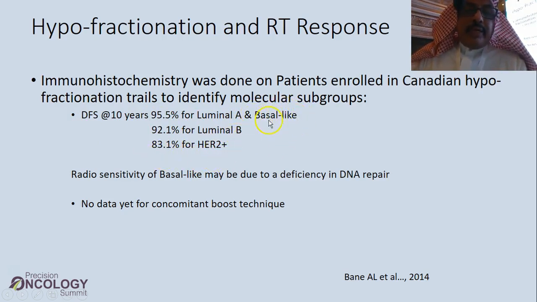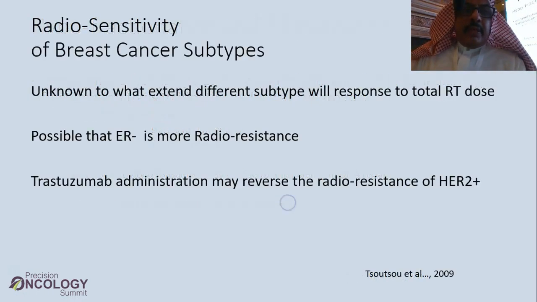It's interesting why the basal-like is radiosensitive, maybe due to deficiency in DNA repair in this group of patients. And there is no data yet about the concurrent use of the boost according to the breast subtypes.